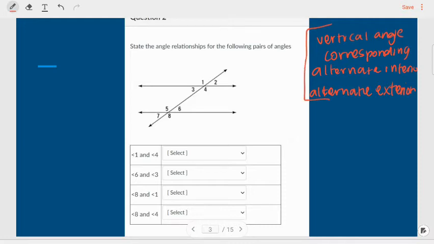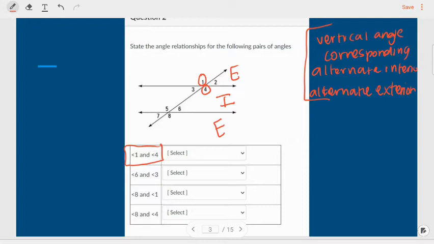So as I look at this diagram, I'm going to be looking at in this box to see what angles I'm comparing. So 1 and 4, here's 1, here's 4. Now remember, interior is between the parallel lines and exterior is outside.